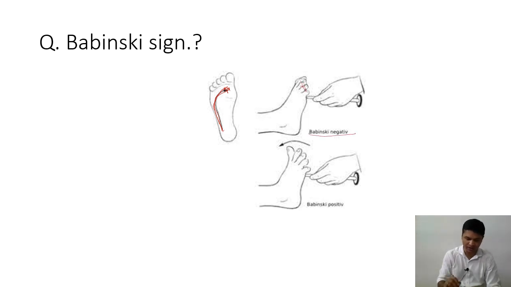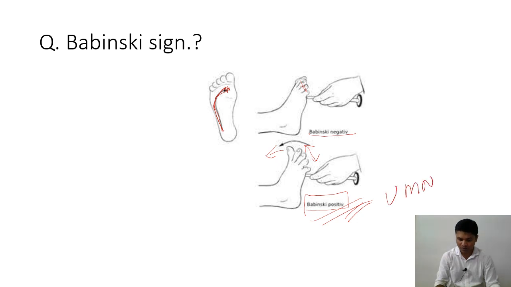In the positive Babinski sign there is dorsiflexion and fanning of the toes. So the toe will be like this, dorsiflexion and fanning. So this is Babinski sign positive. Babinski sign is positive in upper motor neuron lesion, a pathological condition.